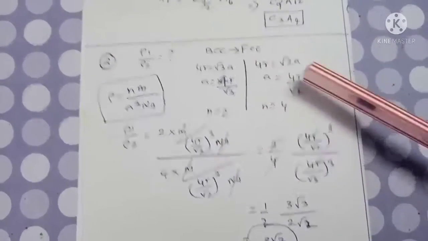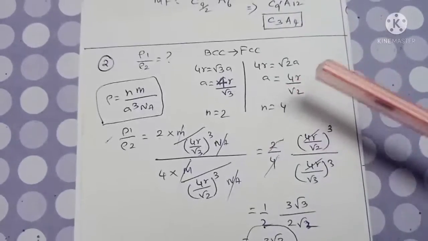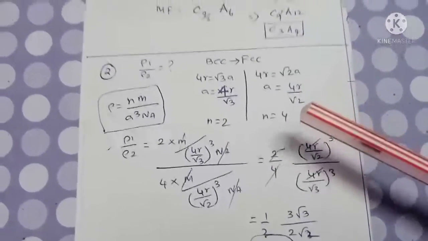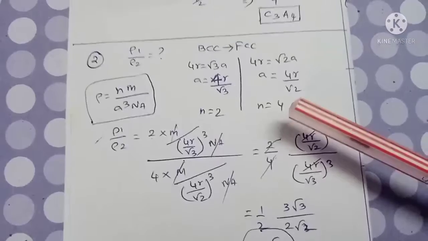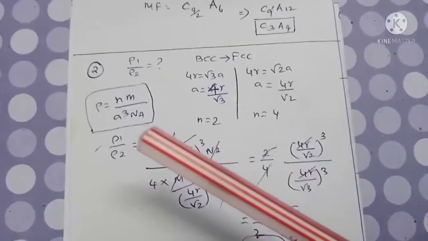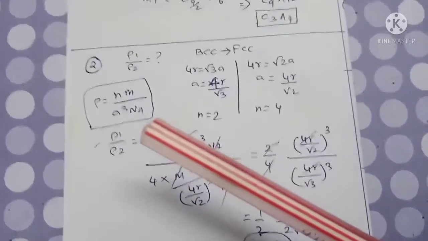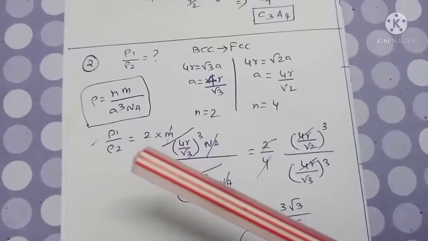Similarly, for an FCC crystal, 4R is equal to root 2 A, whereas A equals 4R divided by root 2, and the number of atoms per unit cell for the FCC lattice is 4. Now we are going to find the density ratio, that is, the ratio between rho 1 and rho 2.